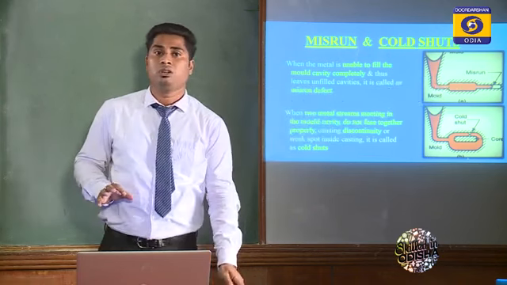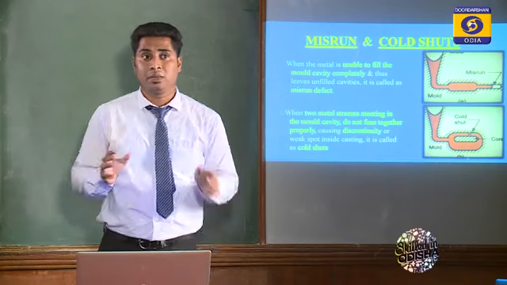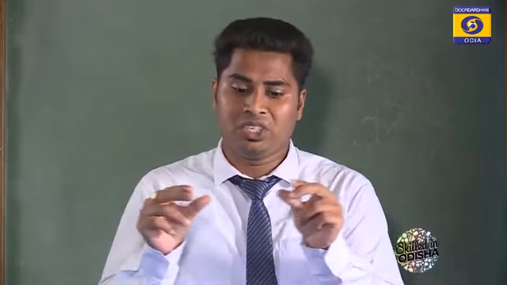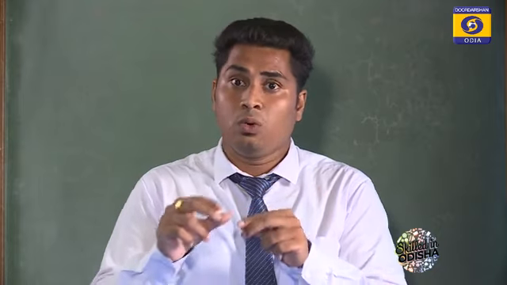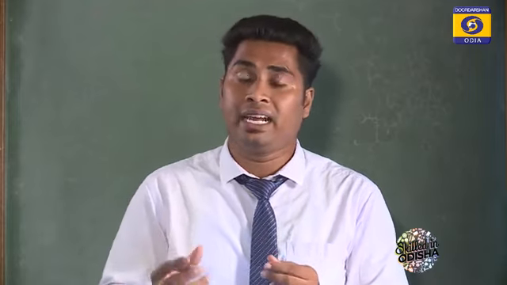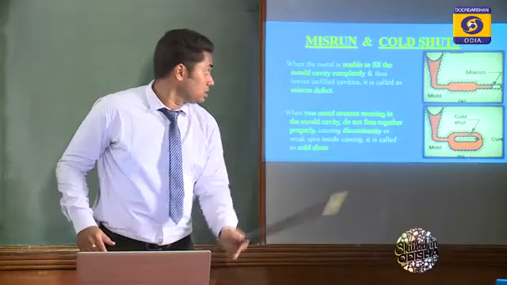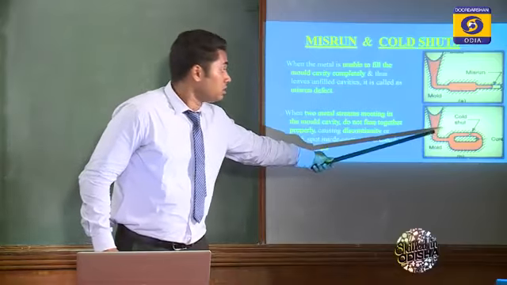And cold shut. What is cold shut? If two streams of molten metal do not fuse together properly, then a discontinuity will appear and a weak spot will be created at the fusion point. See the bottom figure.